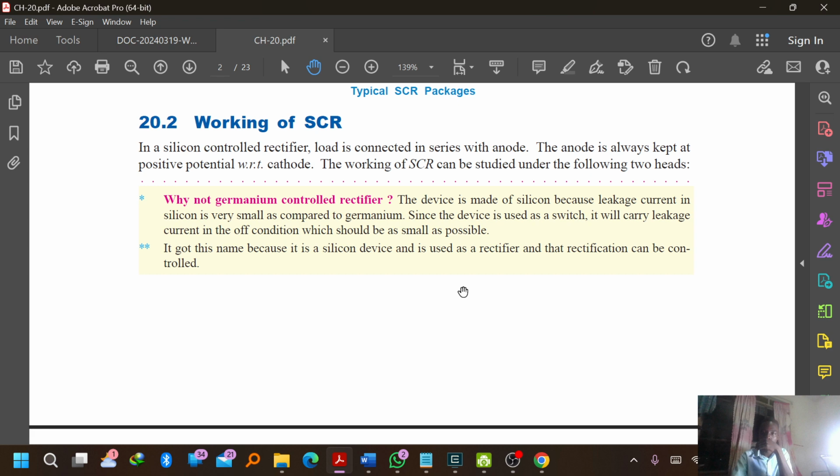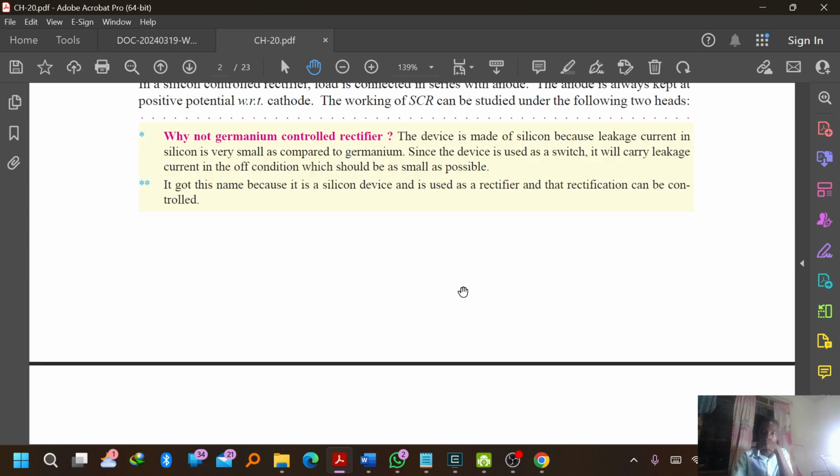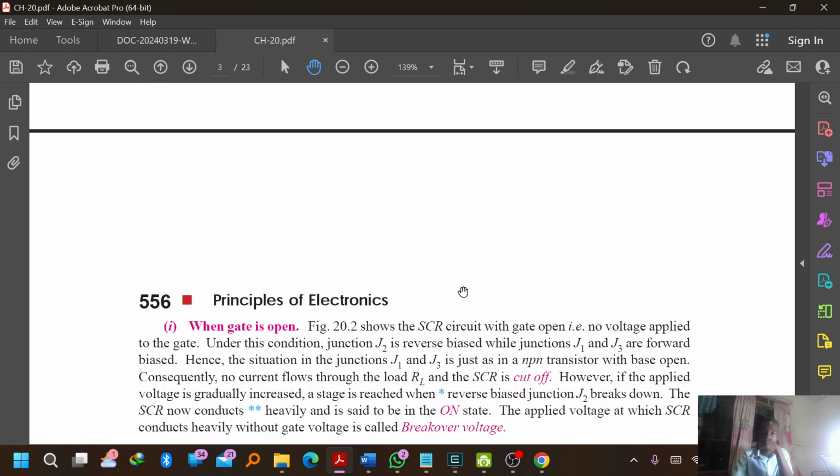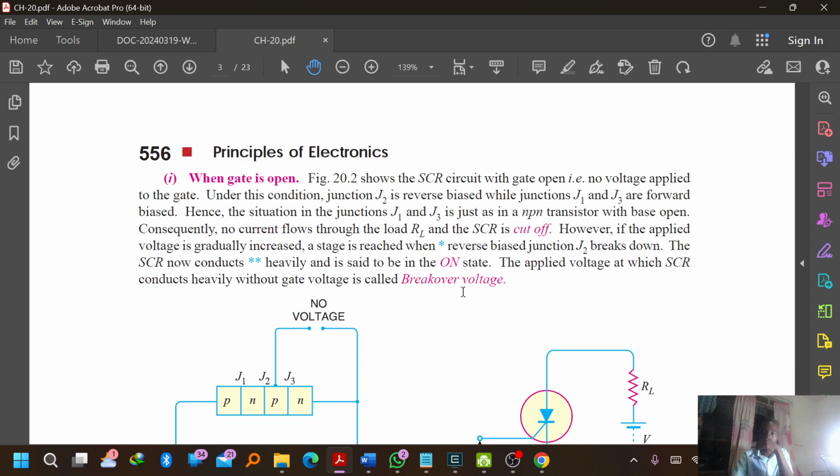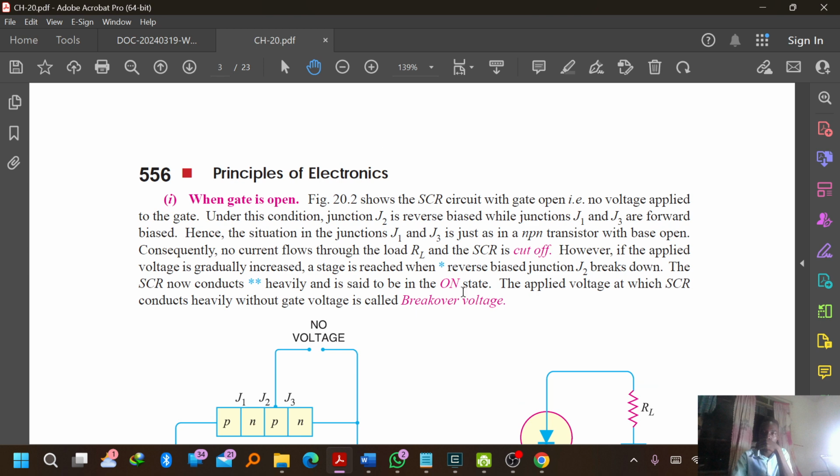The working of an SCR can be studied under the following two heads. That is when the gate is open, the circuit with an open gate, no voltage applied to the gate. Under this condition, the junctions come in.